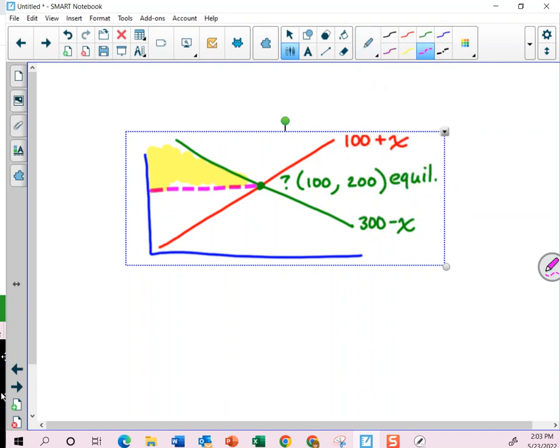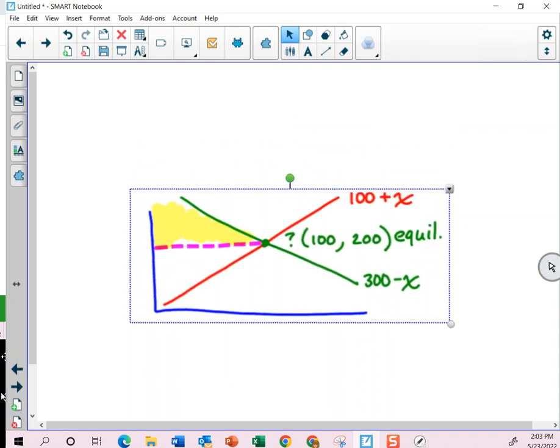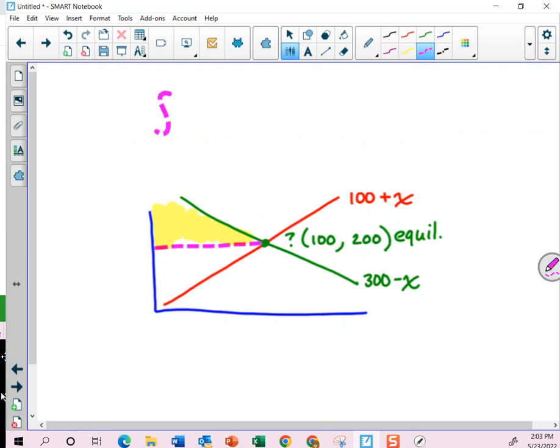The integral you do for consumer surplus is always going to be the same. When we integrate, we are always going to be looking at the demand function on top, because this is the region we're doing. So top minus bottom is going to be your demand function minus this line, y equals, in this case, 200.